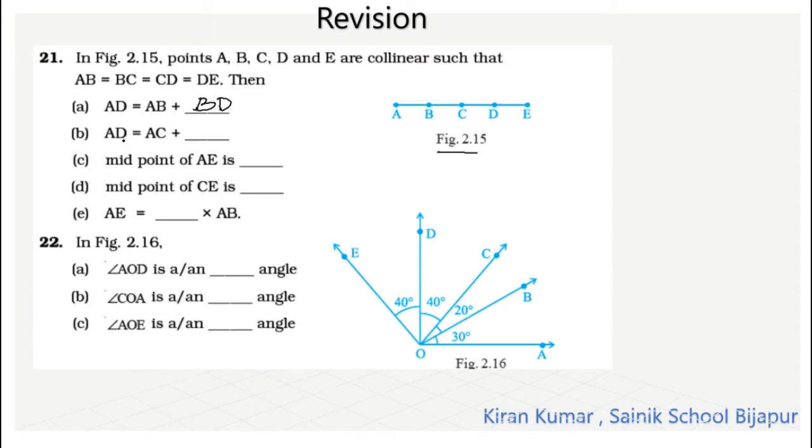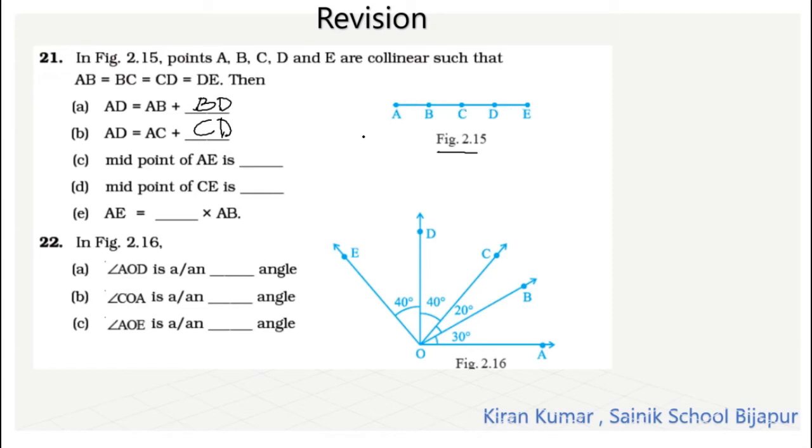Second sub question is AD equal to AC plus dash. From A to C is considered. Remaining would be CD. Midpoint of AE is dash. If you observe, the length of AB plus BC is same as the length of CD plus DE.